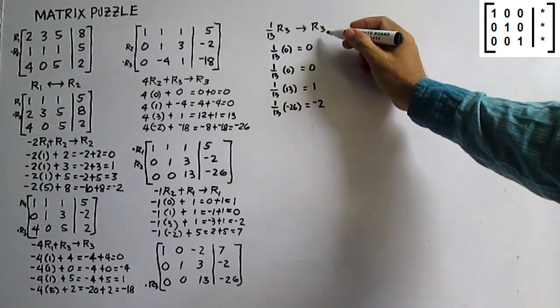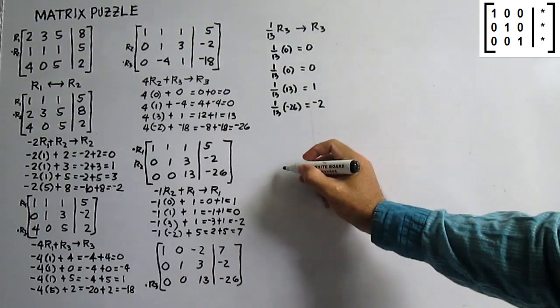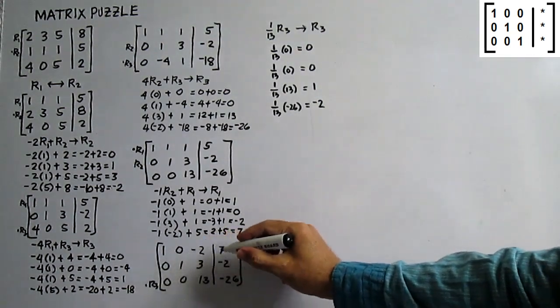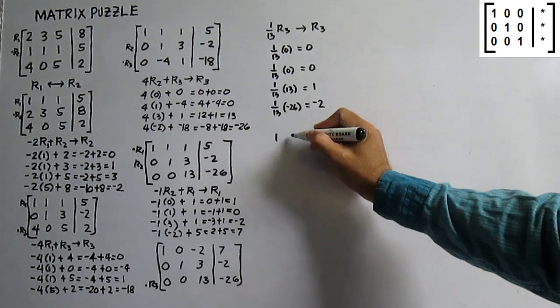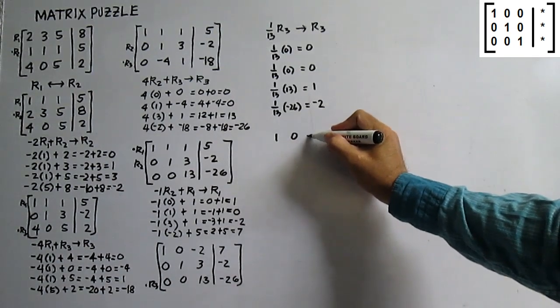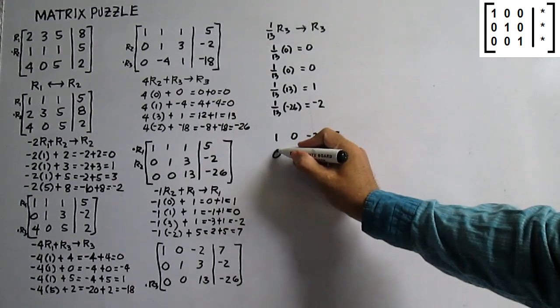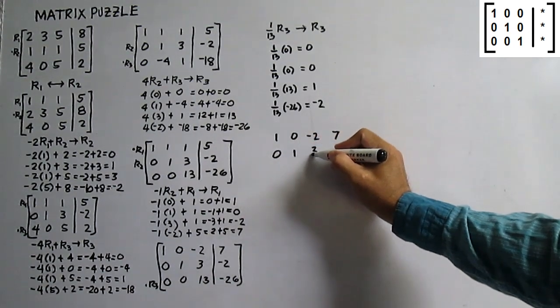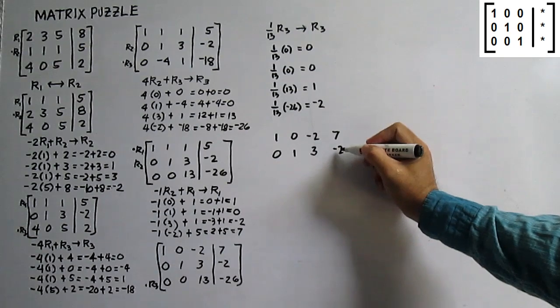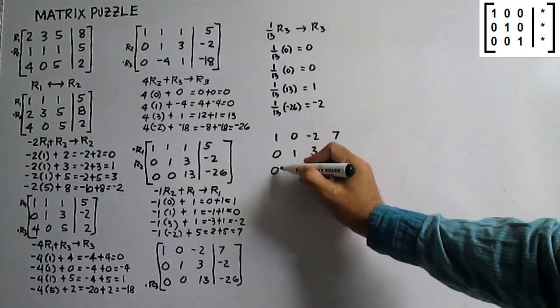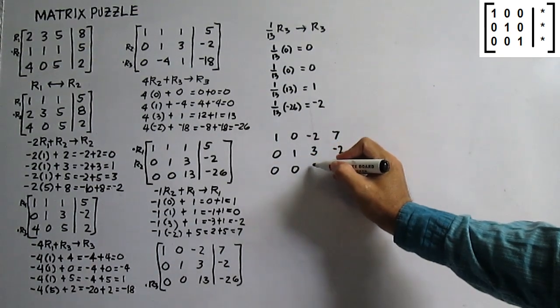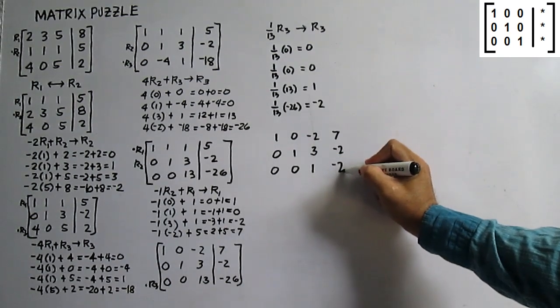Replace row 3 and copy row 1 and row 2: 1, 0, negative 2, 7, 0, 1, 3, negative 2, 0, 0, 1, negative 2.